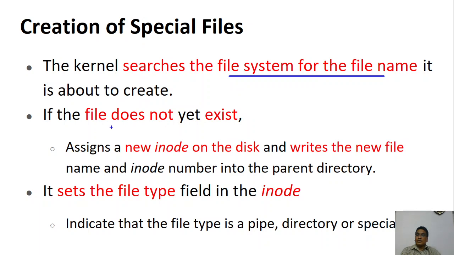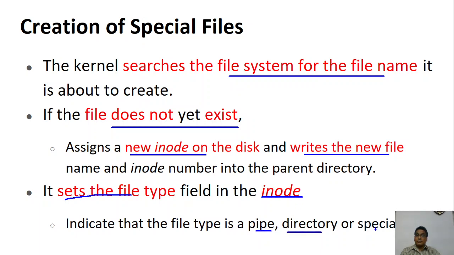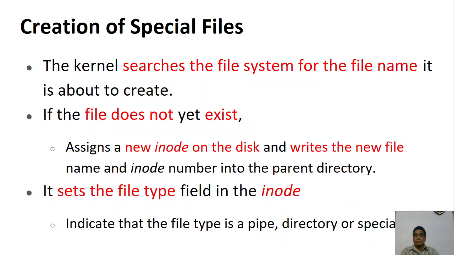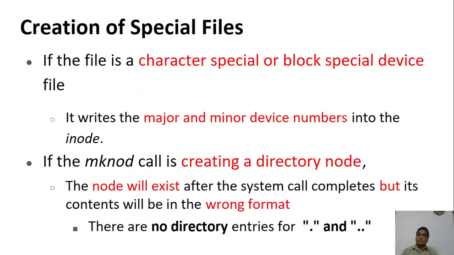If the file does not exist, like the ordinary file, the kernel creates a new inode on the disk and writes a new file with the name that you have specified and the corresponding parent inode number. It sets the file type in the inode as either pipe, directory or special file, depending upon the type of file that you are creating.